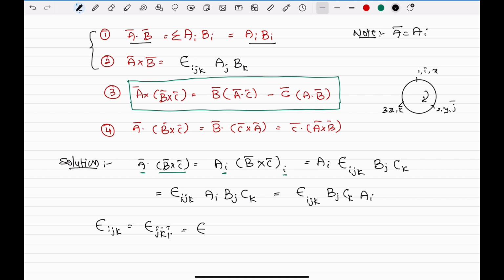Epsilon kij, this is also kij, jki, all are equal, and they are equal to 1. That means epsilon ijk can be replaced by epsilon jki, and also can be replaced by epsilon kij.